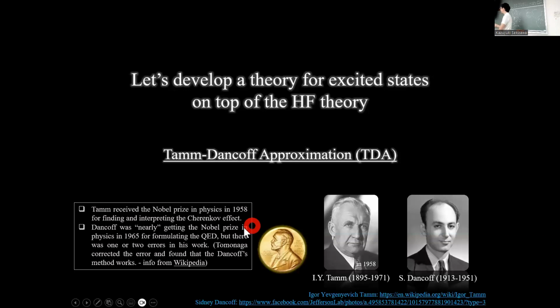And Dancoff was nearly getting the Nobel Prize for formulating QED, quantum electrodynamics, but there were some errors. Actually, Tomonaga corrected those errors and showed that Dancoff's theory works. So both are great physicists who introduced this TDA, the Tamm-Dancoff approximation.